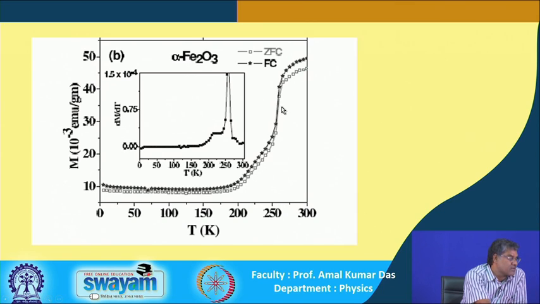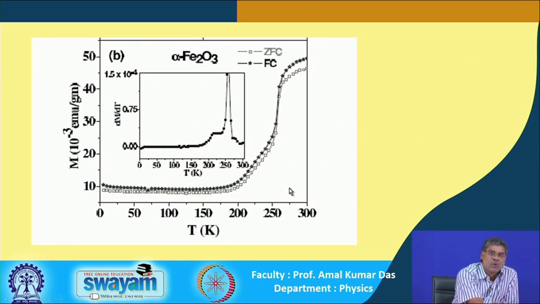Generally we take this middle point and say this temperature is the transition temperature. But if you want to find out accurately, you know that the transition temperature is where the slope is suddenly changing.